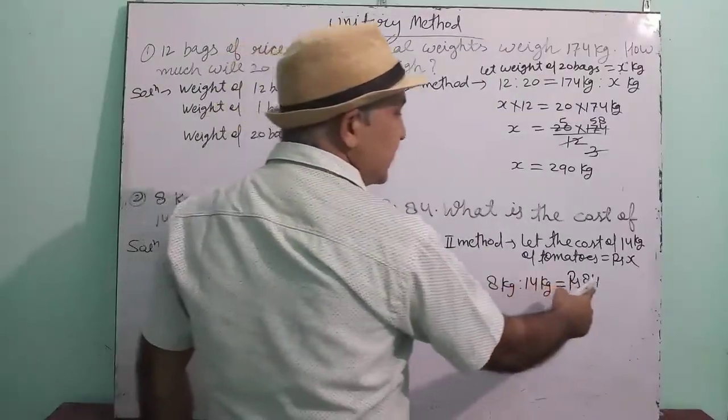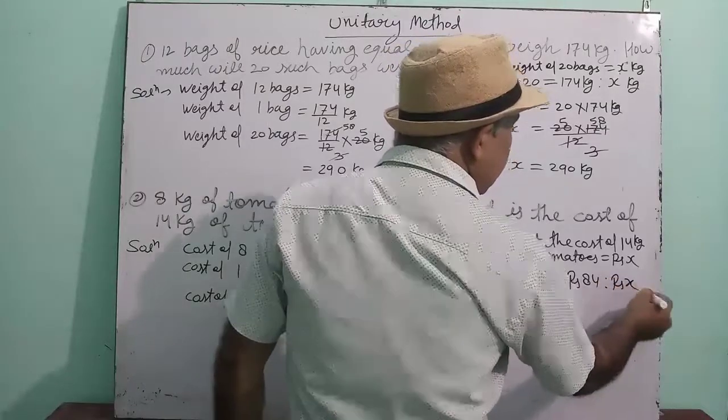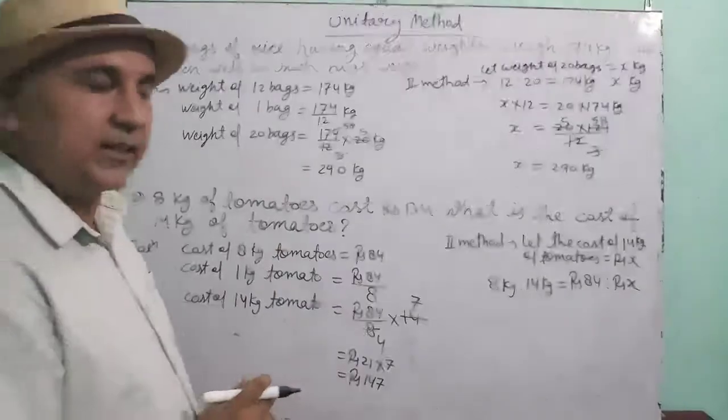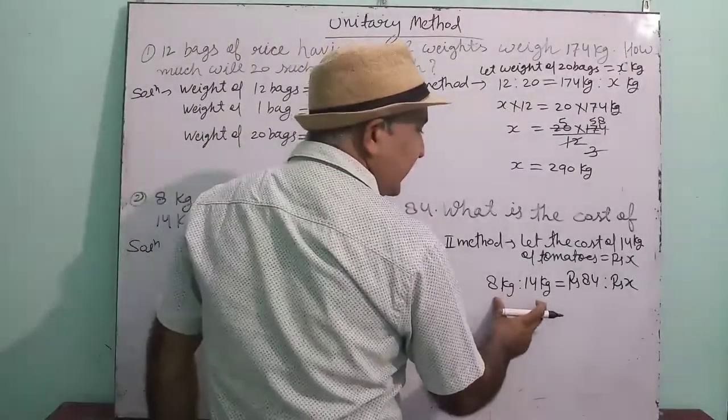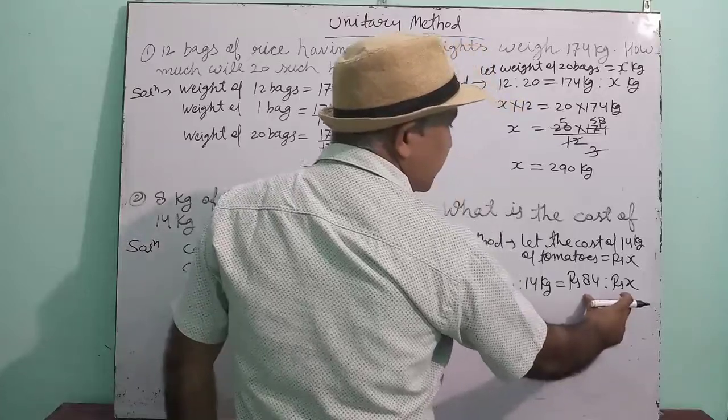Cost of 8 kg is 84, then cost of 14 kg is rupees X. Understood? This is the ratio and proportion method. Ratio between weight and weight should be equal to ratio between rupees and rupees, cost and cost.